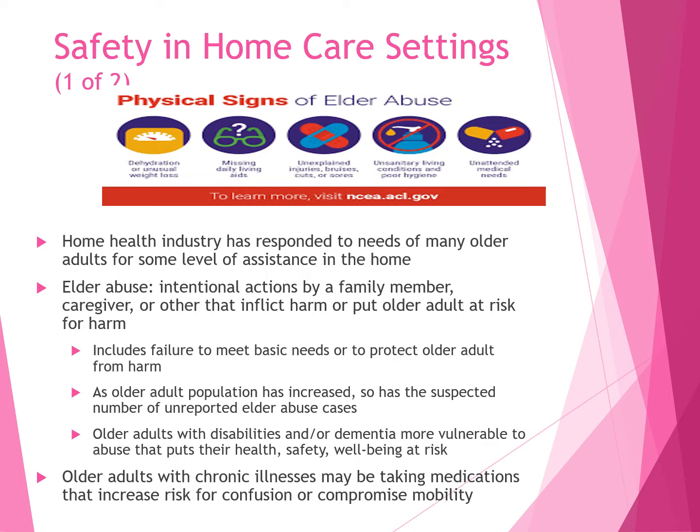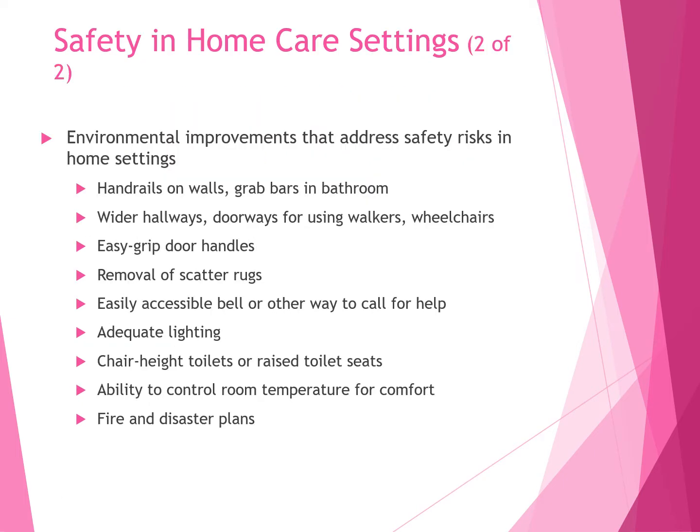Older adults with chronic illnesses may be taking medicines that cause confusion or cause weakness, inability to walk, changes in mental status. Medicines can affect all aspects of the patient's physical health. Older adults over age 65 with disabilities are more vulnerable.